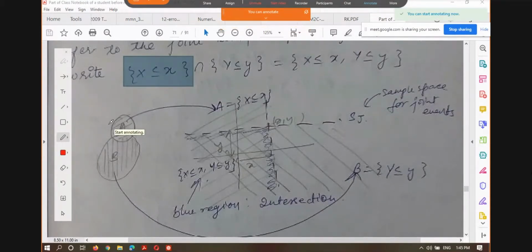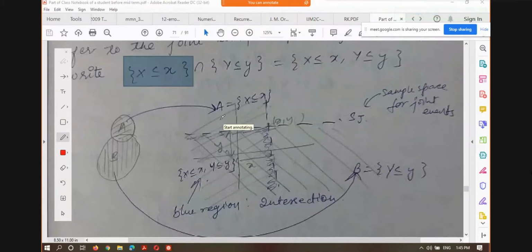So here we have this event A. Suppose this is our sample space S, and two events A and B are there.